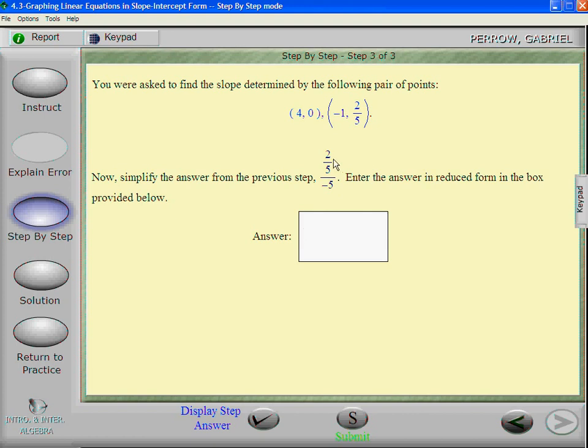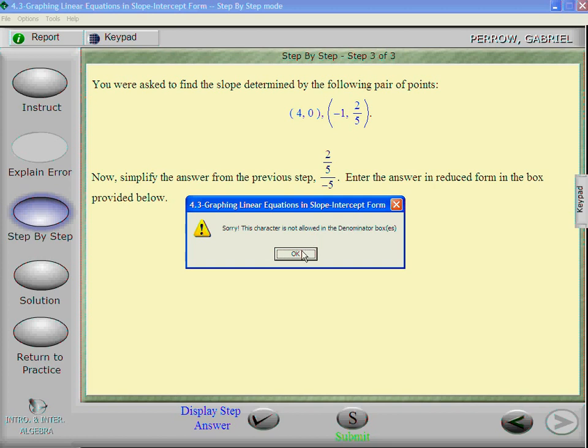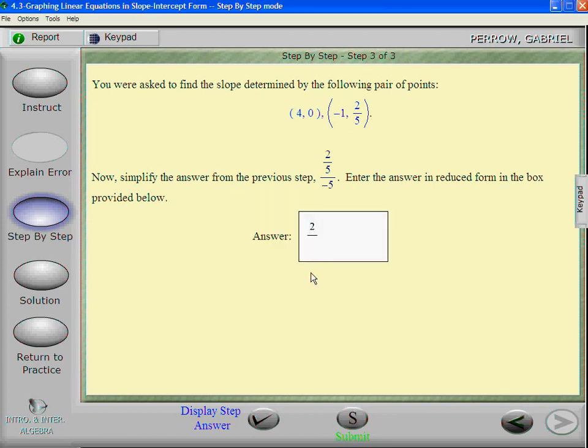So if you can visualize that, 2 over 5 times 1 over negative 5. When you multiply across the top, you end up with 2, and across the bottom, you end up with negative 25. Oh, the negatives like to be written on the top, so we'll toss that negative sign up to the top: negative 2 over 25, that's reduced, it's as far as you can go.